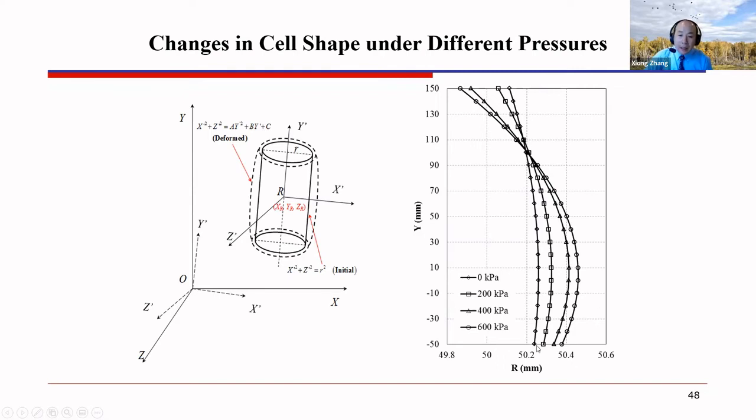As you can see, when we fill it with water and do not apply cell pressure, it is not perfectly cylindrical, not a straight line. The reason is we use an old cell, and there is already some plastic deformation from previous use. And with time, it can deform, right?